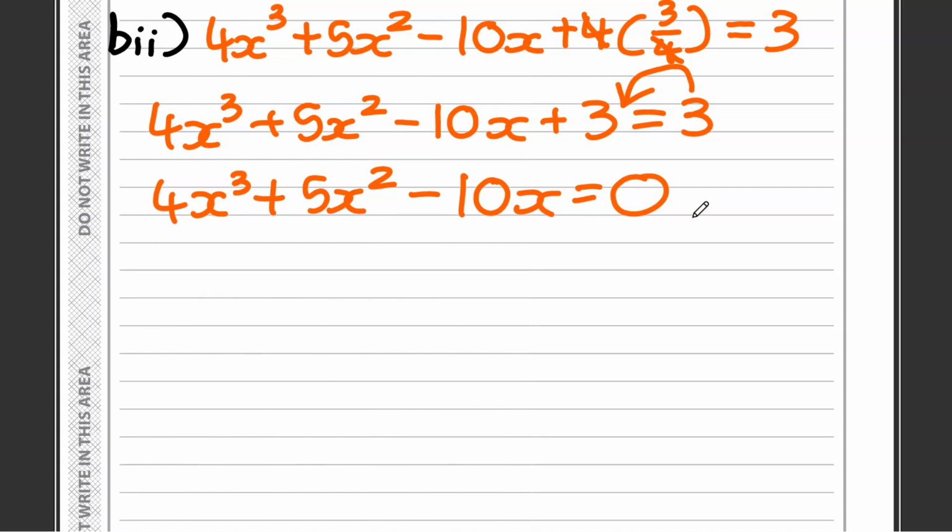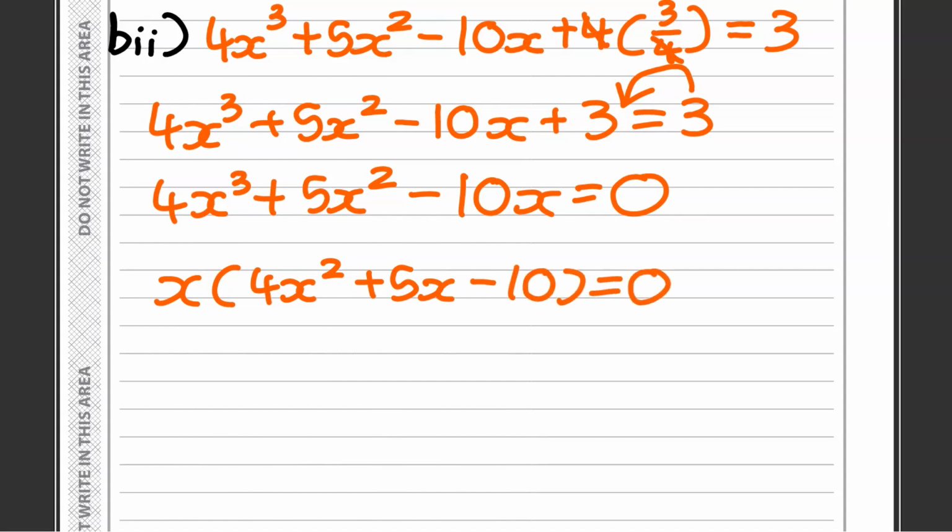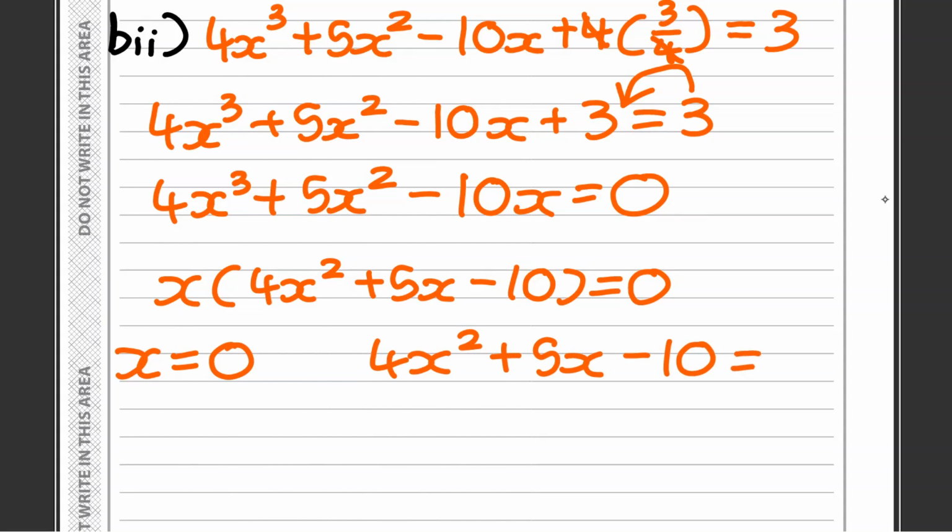Now we have x in all of the terms here, so we can factorize this out. So it's going to be x(4x squared plus 5x minus 10) is equal to 0. So that means there are two possibilities here. Either x is equal to 0 or 4x squared plus 5x minus 10 is equal to 0.